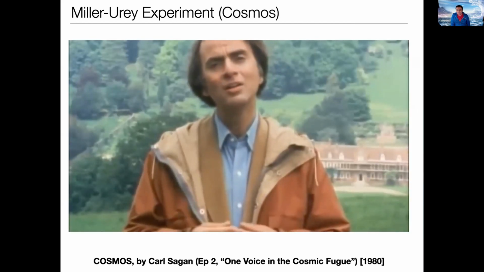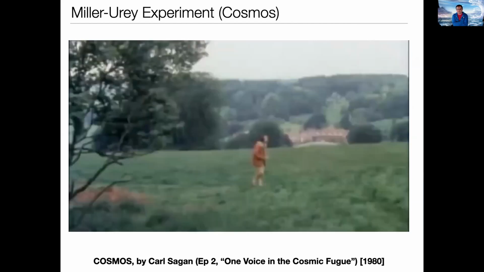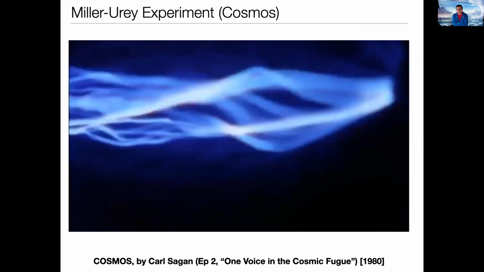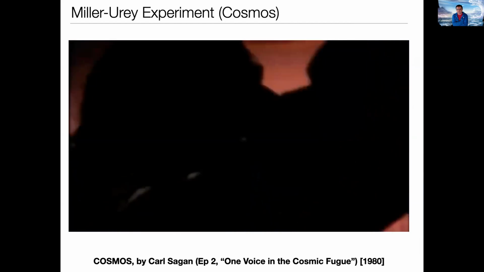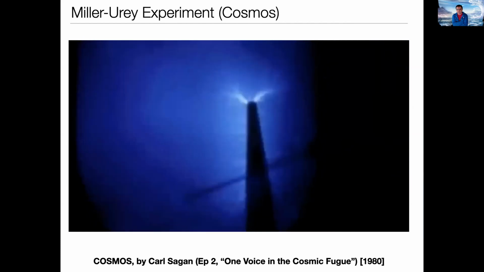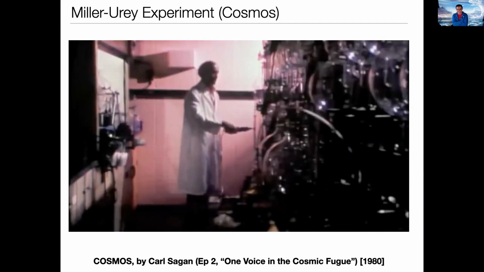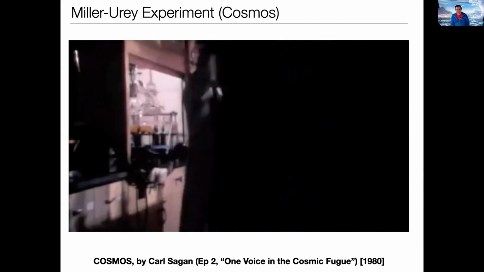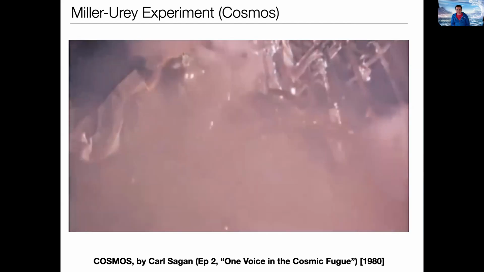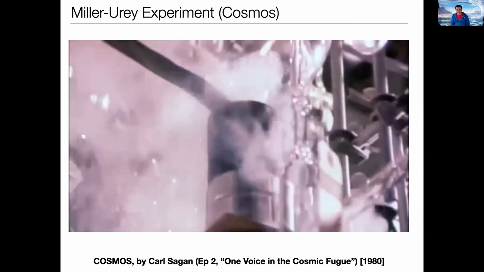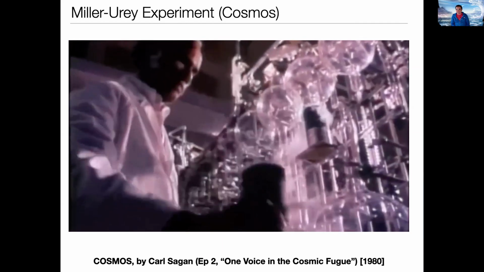Now, how did the molecules of life arise? In a laboratory at Cornell University, we mix together the gases and waters of the primitive Earth, supply some energy, and see if we can make the stuff of life.